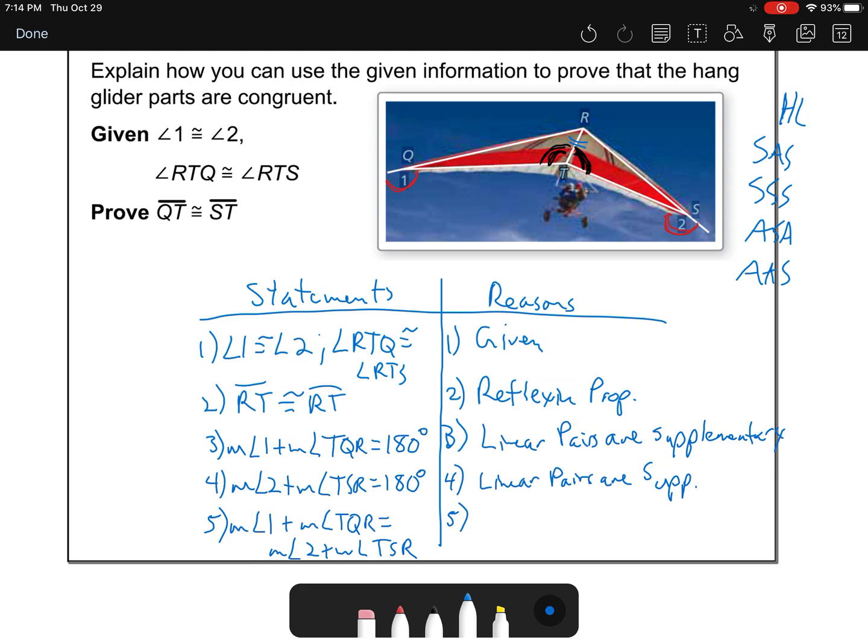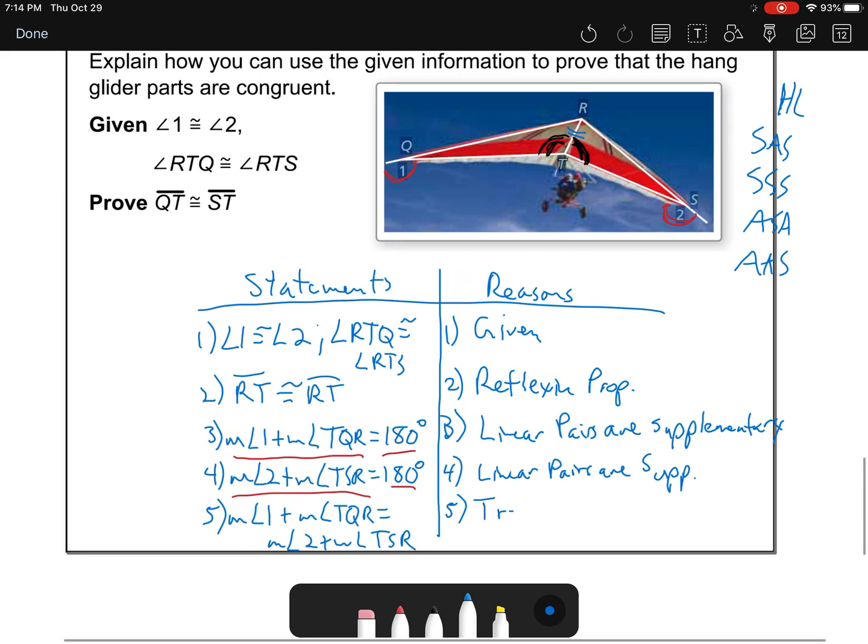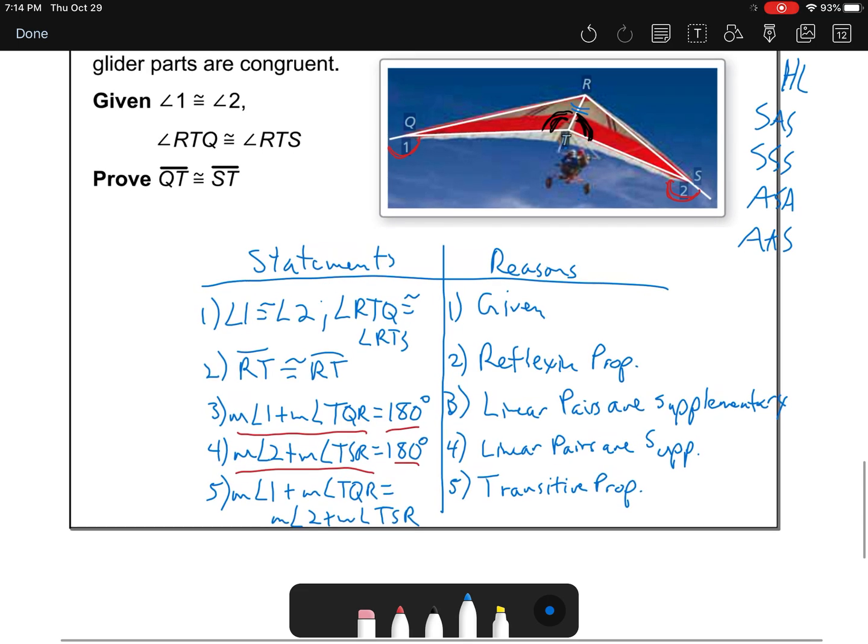Let's see. One part, now bear with me here. One part, two parts, three parts. What property is that? Right, it's the transitive property. That's how we know those are equal. But wait a minute. What do you know about angle 1 and angle 2? They're congruent.